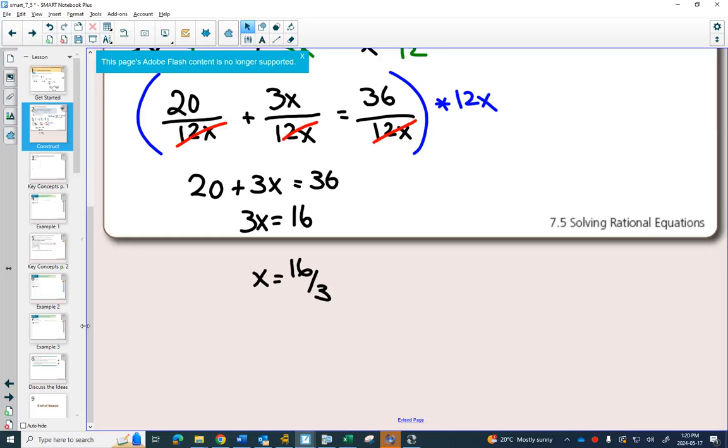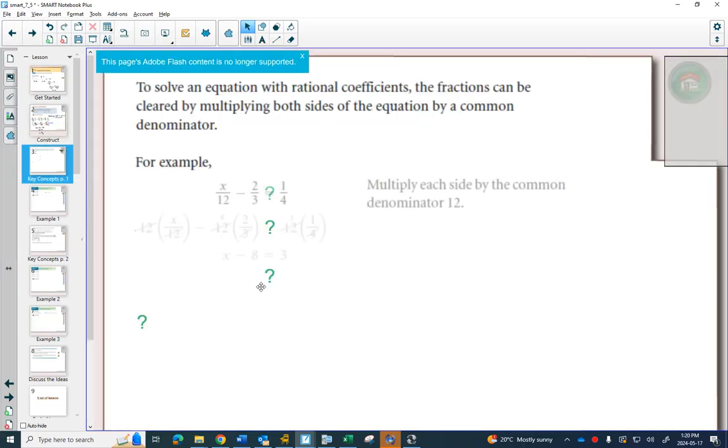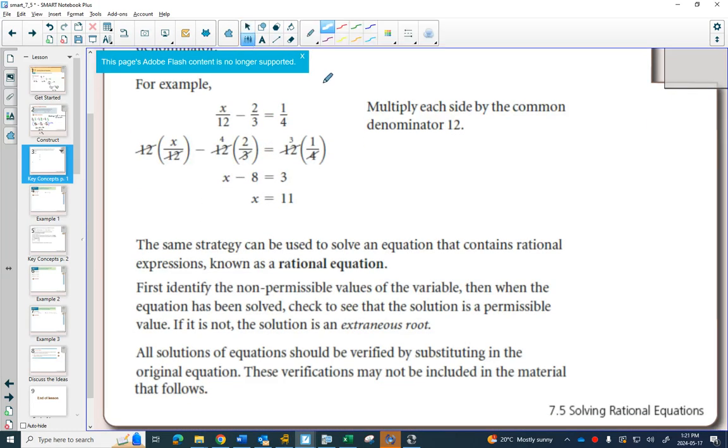So for solving these equations, and these are called rational equations, so we can highlight that. Take out our highlighter. If you have an equation with rational expressions, it's called a rational equation.